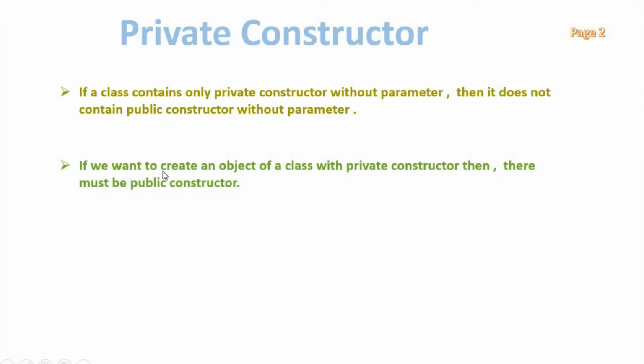If we want to create an object of a class with a private constructor, then there must be a public constructor. But we have seen here that we cannot create a public constructor without parameter. Let's see in the example.